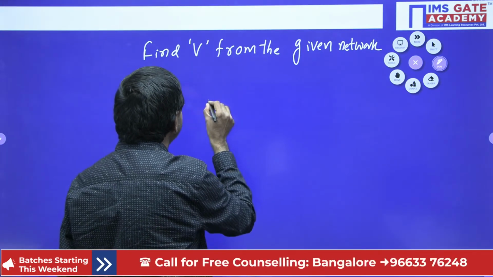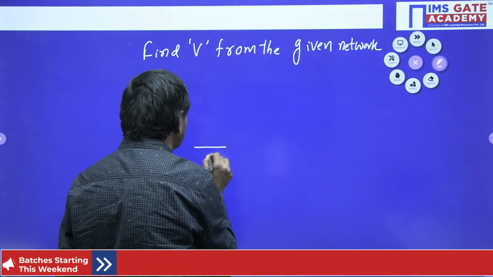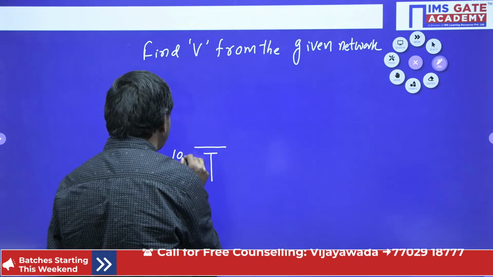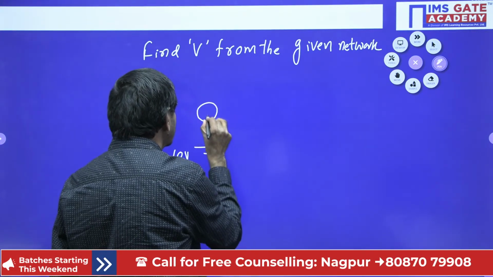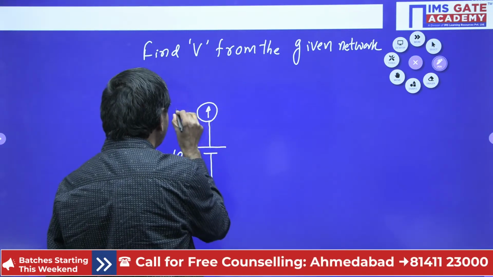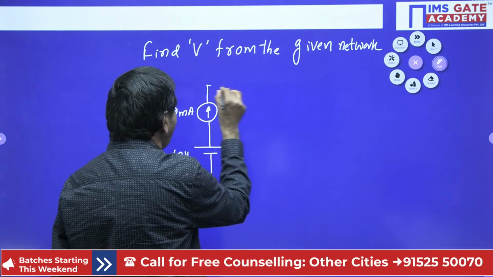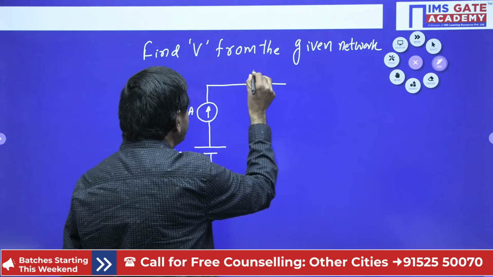There is a voltage source, given with 10 volts, for example. Here is connected one current source. That current source is given as 2 milliamperes only. I connected this with one resistance. That is given as 2 kilo ohms.